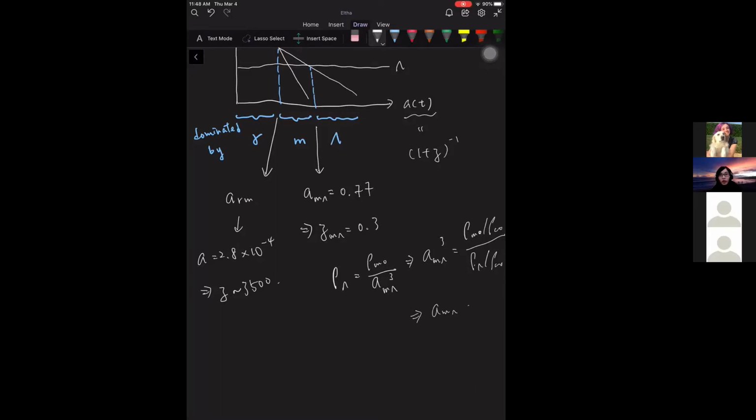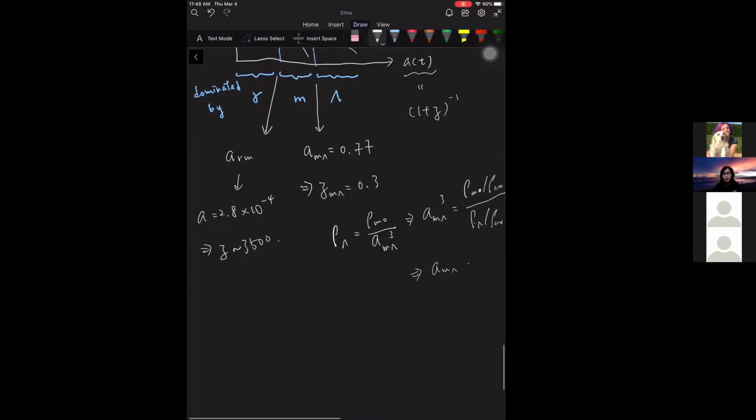Right. To convert z into actual time, you can use the lookback time, right? So basically you just integrate, for example, if you want to know the actual time from z equals 0 to z equals 2, then you can integrate this with respect to z.